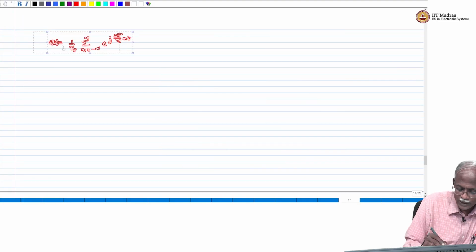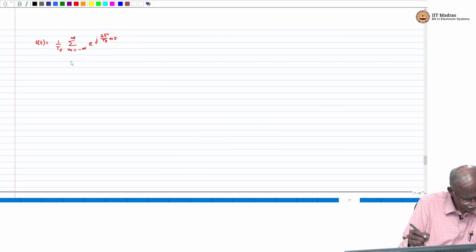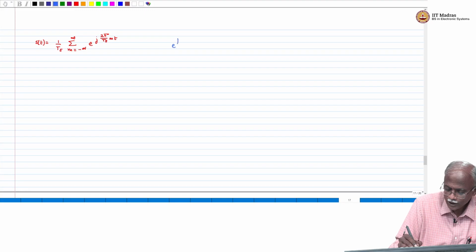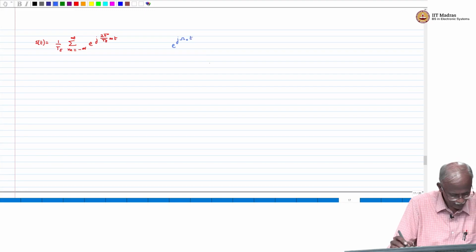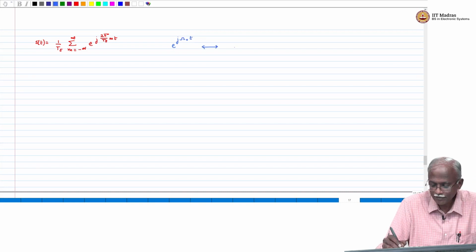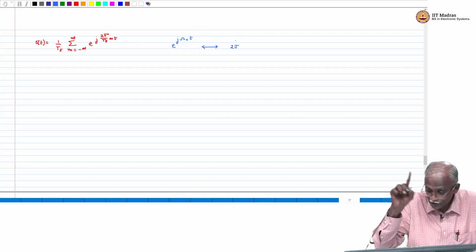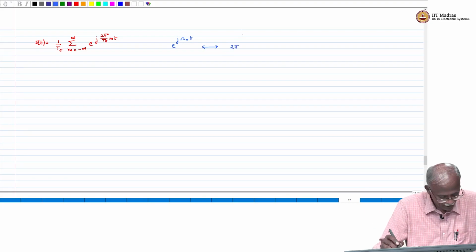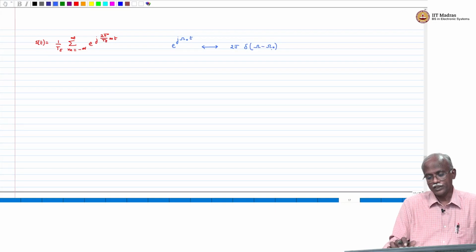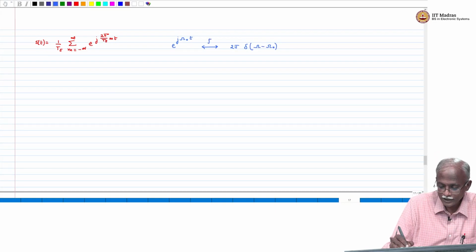So this is the expression that we have, and we know that there is a Fourier transform relationship which says the complex exponential e power j omega naught t has a Fourier transform which is given by a Dirac delta, but in the frequency domain: 2 pi times a Dirac delta located at omega equal to omega naught. So this is the Fourier transform relationship.